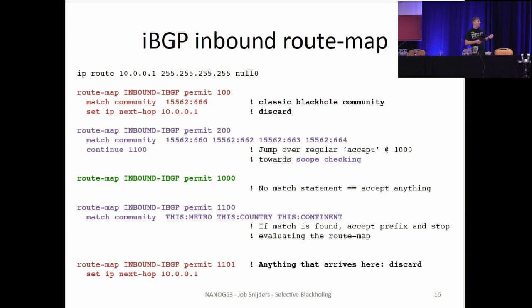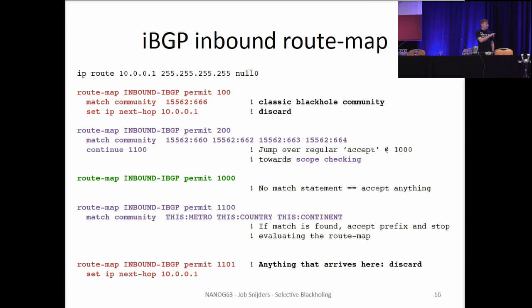In IOS and Brocade, you do continue 1100 to jump over to the test and branch. If the prefix did not carry blackhole communities, it matches with permit 1000, and since that's an empty permit, it will accept anything, which is usually what you want for IBGP.